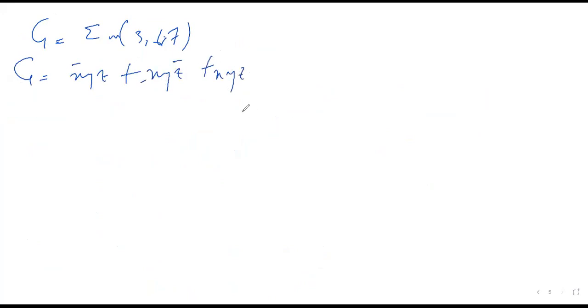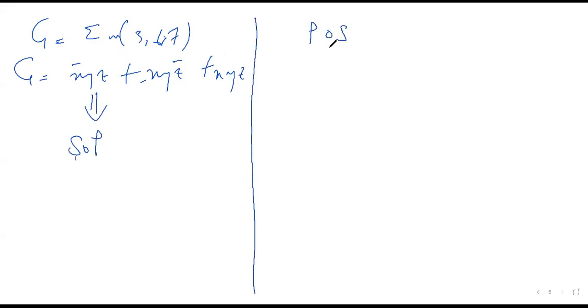This is an example of sum of products. G can also be represented in the canonical form, product of sums. How do we do that?